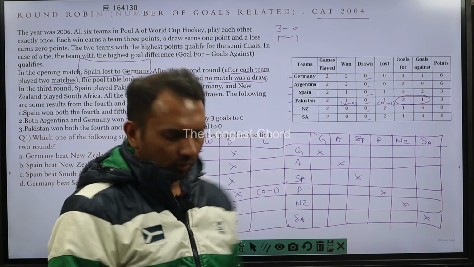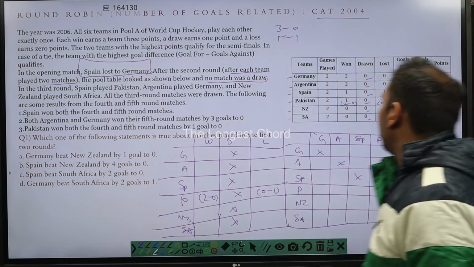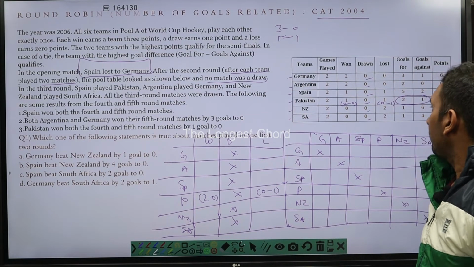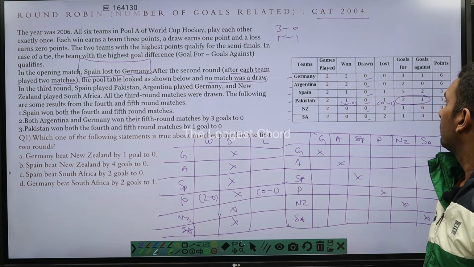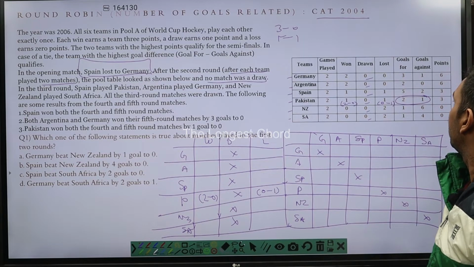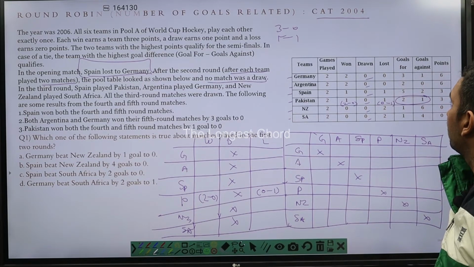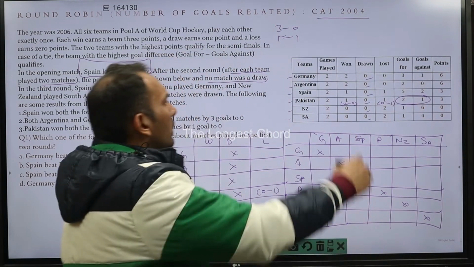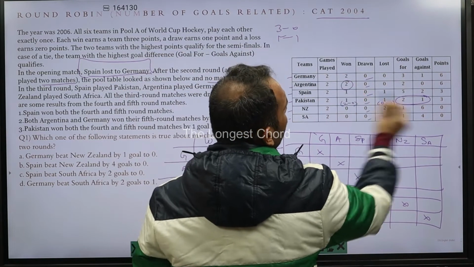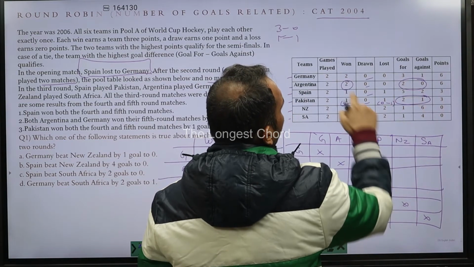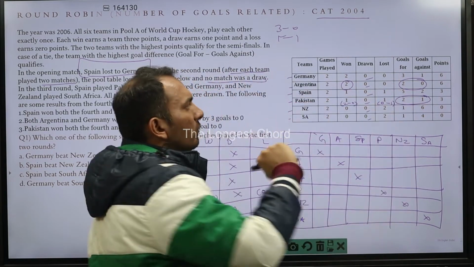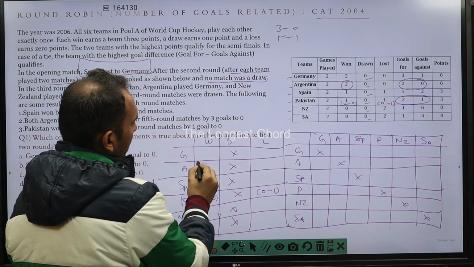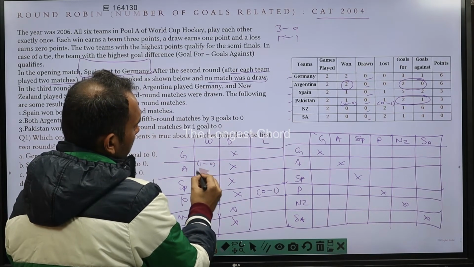Now if we talk about the other games, what can we do with them? Definitely our next target team can be Argentina. There are 2 wins here, and if we look at these points, again there are 2 wins, there has to be a minimum difference of 1. So can we say that Argentina has played 2 games, 1-0, 1-0?